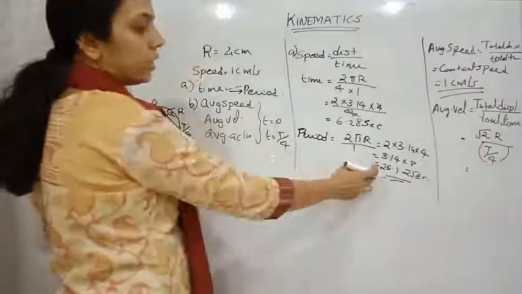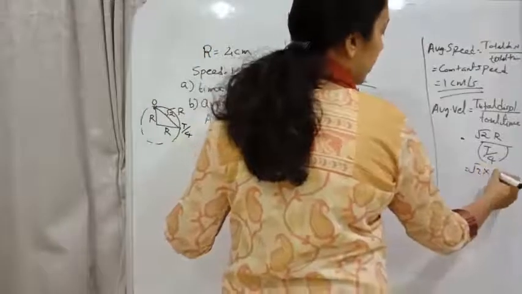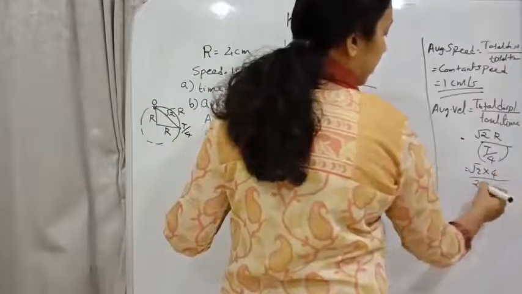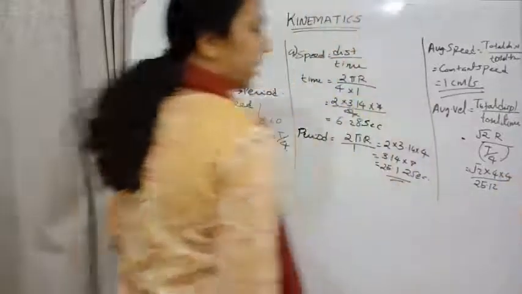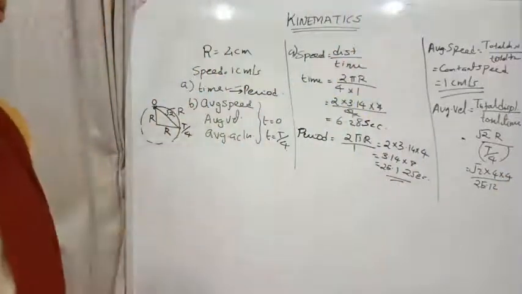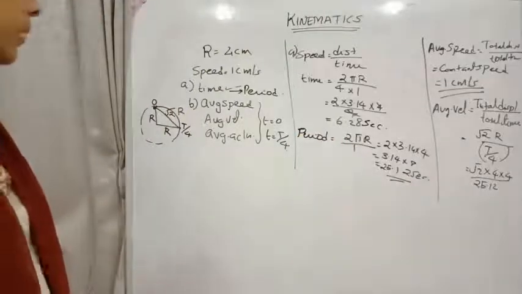The total period we already got as 25.12, so root 2 into 4 divided by 25.12 by 4. Using this formula you can find out the average velocity.